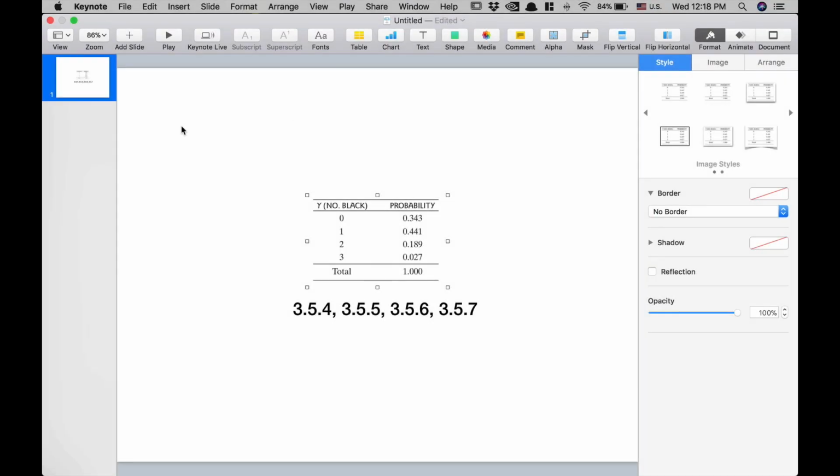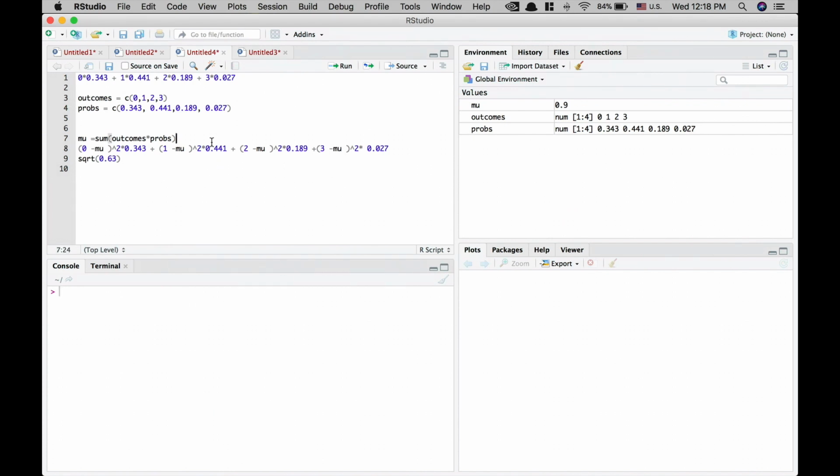So here is how to do it in R. As you can see here, I already called the mean that we found mu. If you run this line, mu is 0.9. For each case, for instance the first one, 0, subtract mu, the population mean, and square this difference, multiplied by the probability of the first outcome.